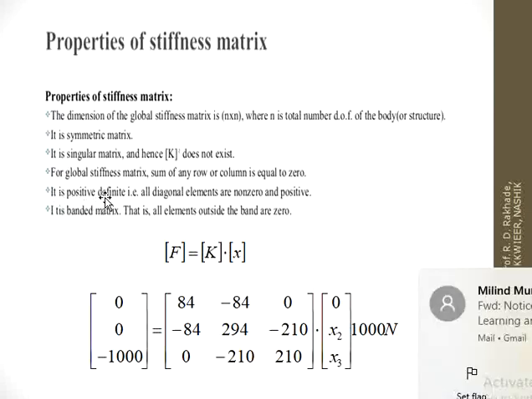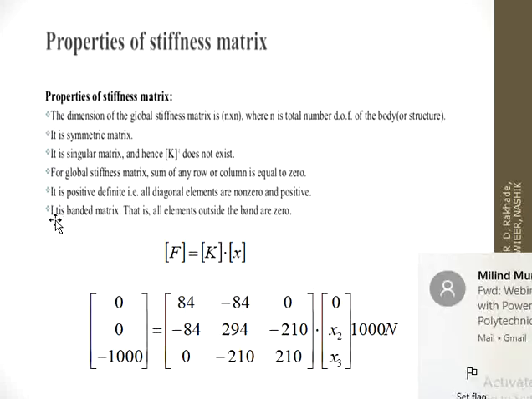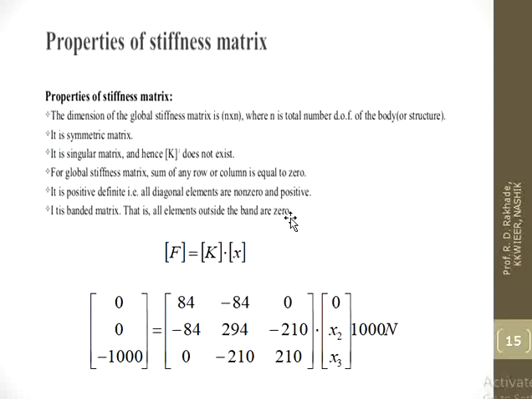It is positive definite, so all diagonal elements are non-zero and positive. Similarly, it is a band matrix, that is all elements outside the band are 0. We can clear this point in a further slide.